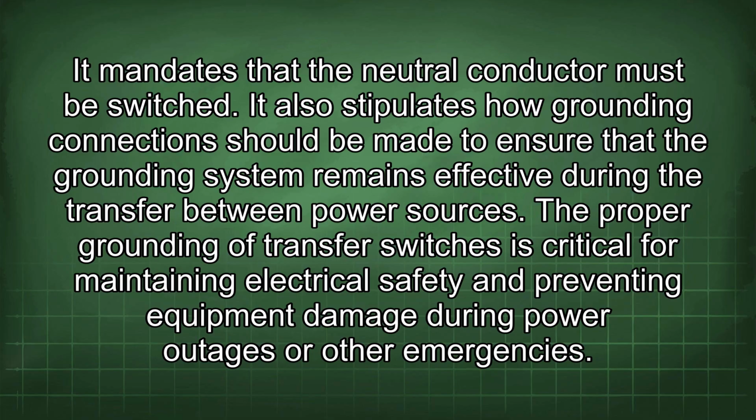It mandates that the neutral conductor must be switched. It also stipulates how grounding connections should be made to ensure that the grounding system remains effective during the transfer between power sources. The proper grounding of transfer switches is critical for maintaining electrical safety and preventing equipment damage during power outages or other emergencies.